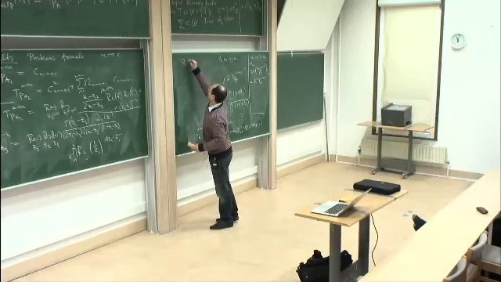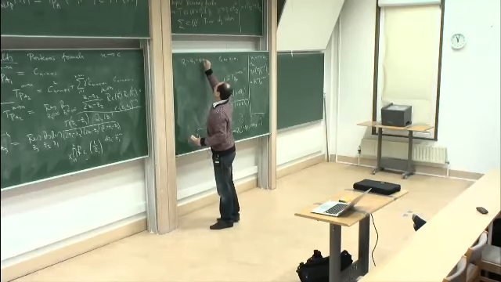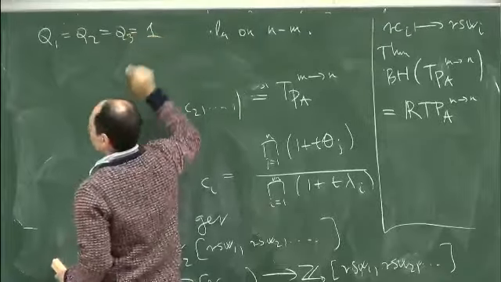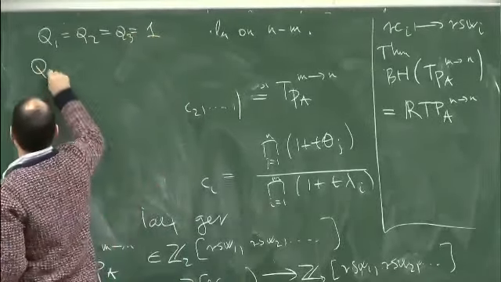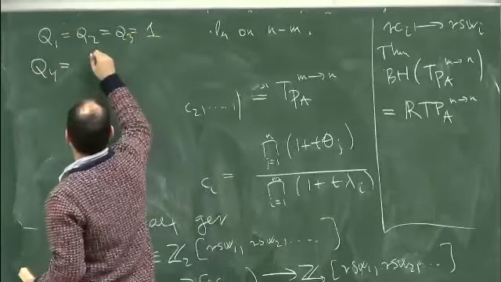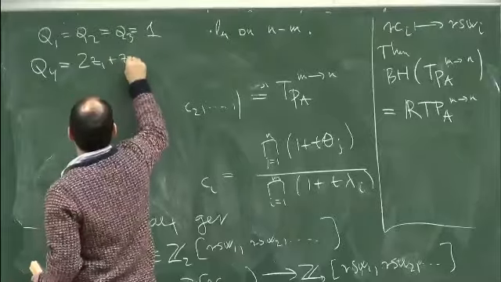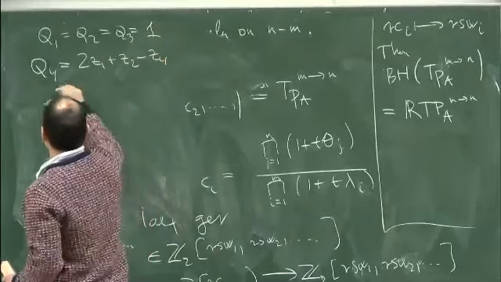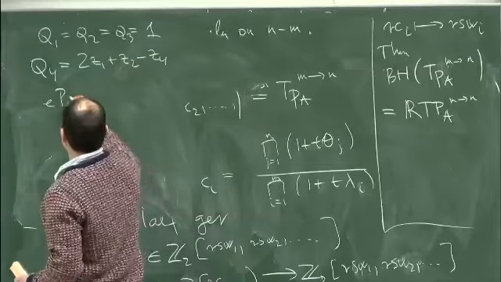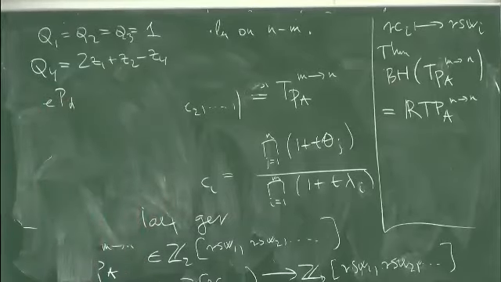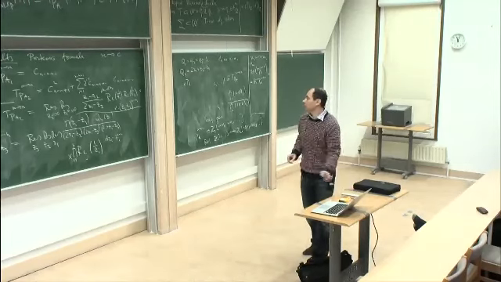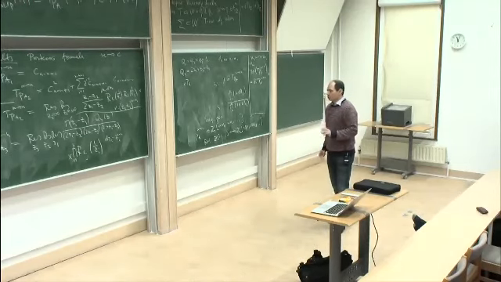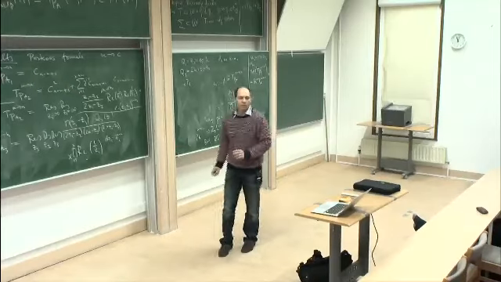So q1, q2, q3 is equal to 1, so then there is no q, but for q4 you already have a linear thing, which I think is something like 2z1 plus z2 minus z4, something like this. And this is an equivariant Poincare dual of a certain subvariety in a representation, in a closure of a Borel orbit somewhere, which can be calculated relatively easily for up until say 7, 8.